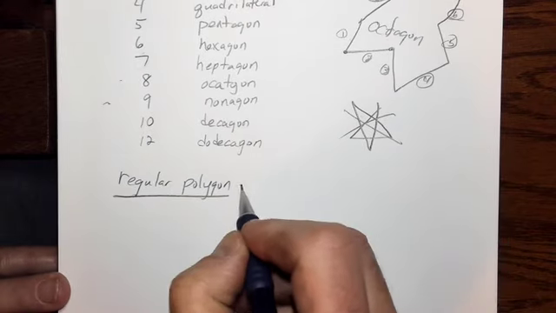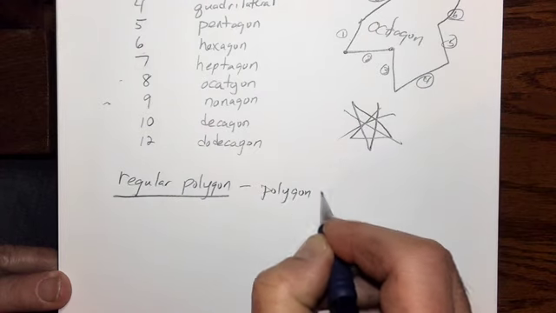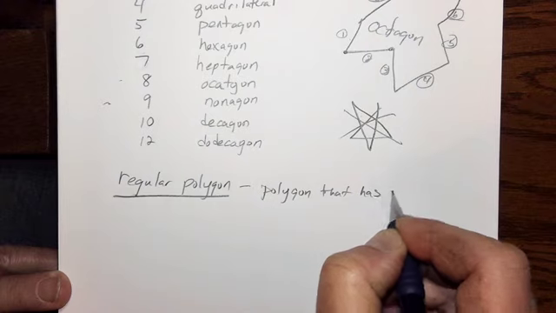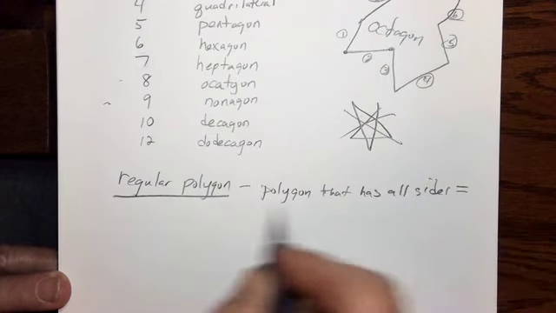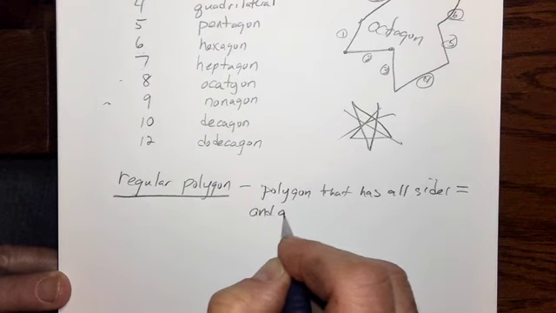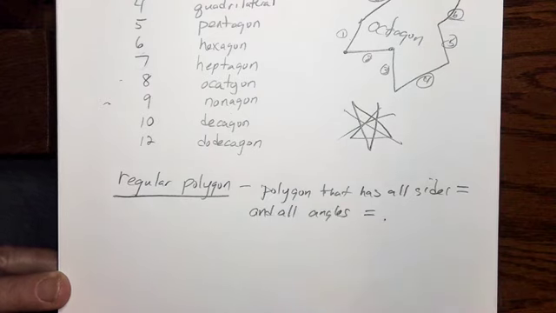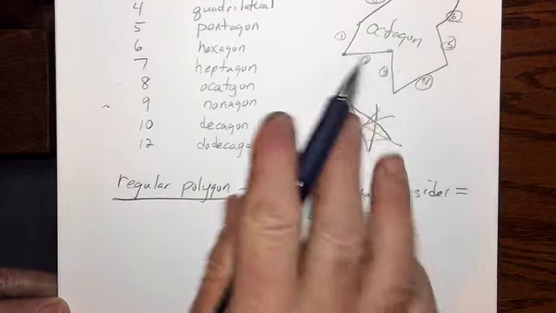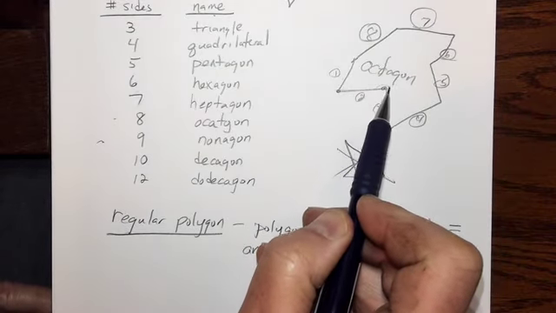A regular polygon is a polygon that has all sides equal and all angles equal. Looking at something like this up here, there's no way that this angle can be the same as this angle right here.